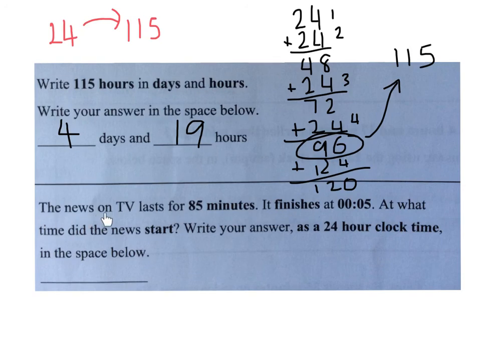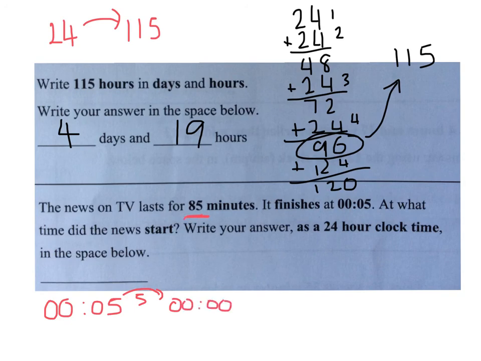The news on TV lasts for 85 minutes. It finishes at 00:05, 5 minutes past midnight. At what time did it start? Write your answer as a 24-hour clock time. So it finished at 00:05. Well, let's take off that 5, bringing us to midnight.